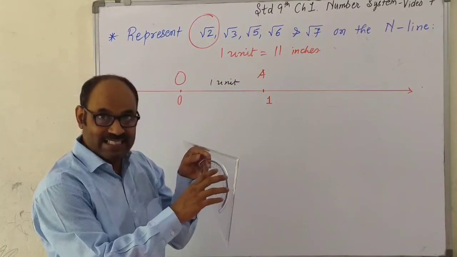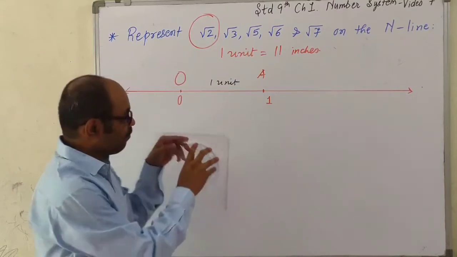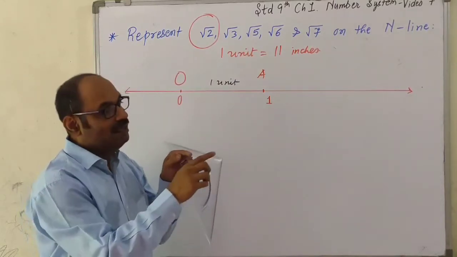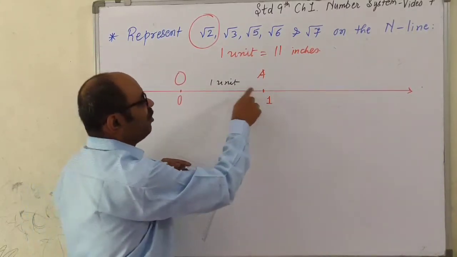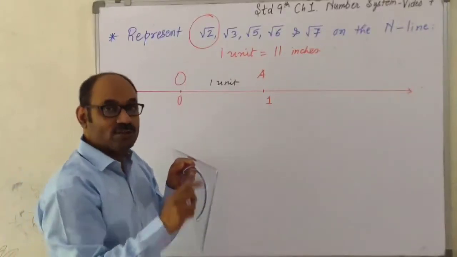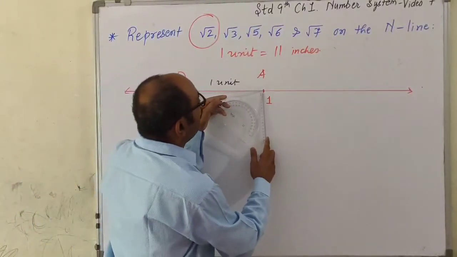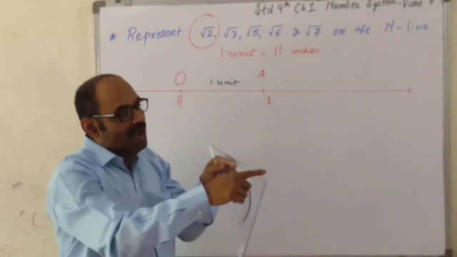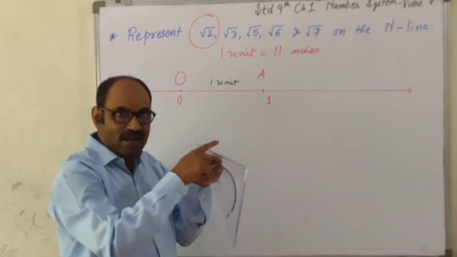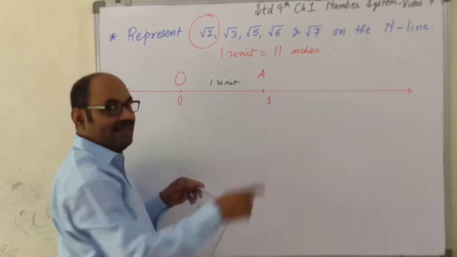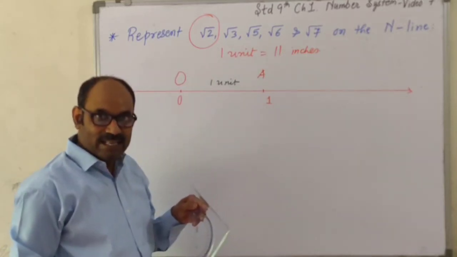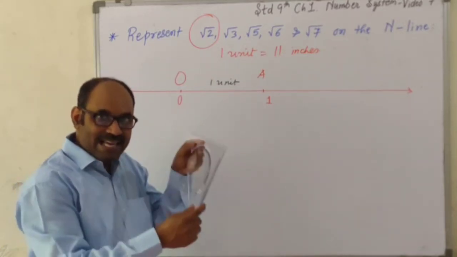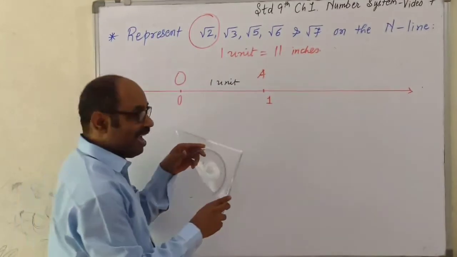When I place this set square to draw the perpendicular line, this vertex has to coincide with A. And one of the perpendicular edges, this one, will coincide with the line. So when I place the set square, I have to be very careful.